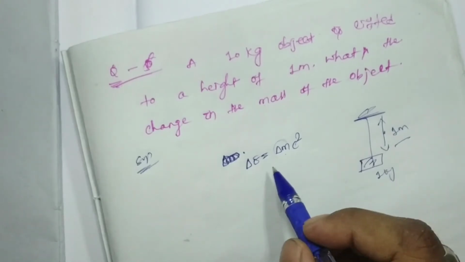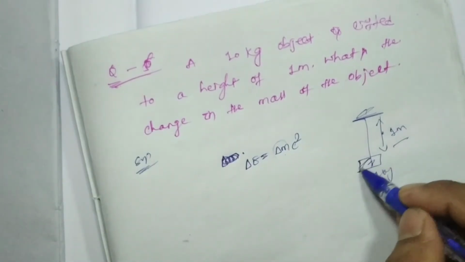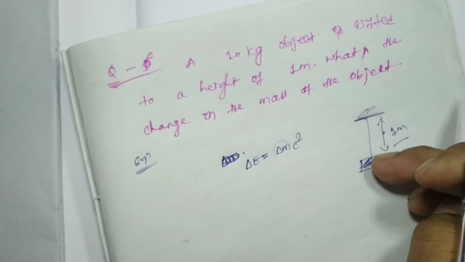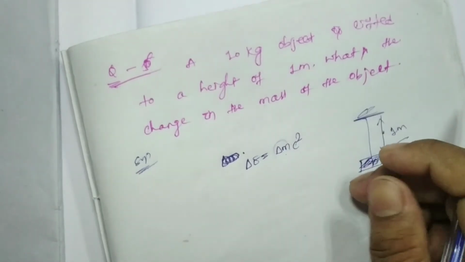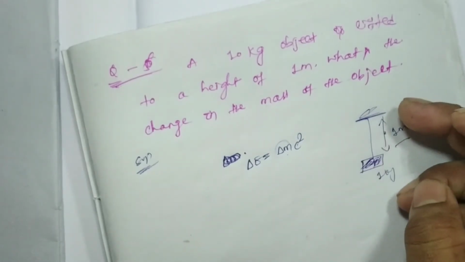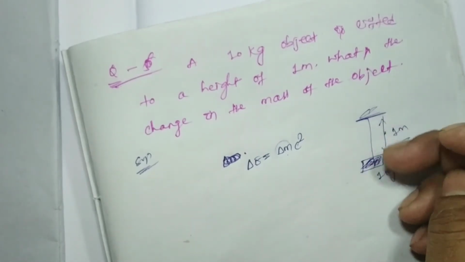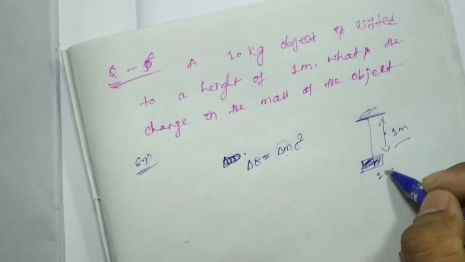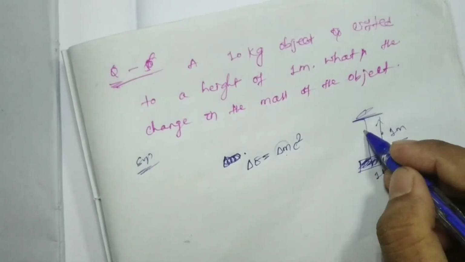So here, if I lift the mass from here to 1 meter, what will be the change in mass? First, what is the change of energy, or the work done, whenever we lift the mass from here to here? That we have to calculate.